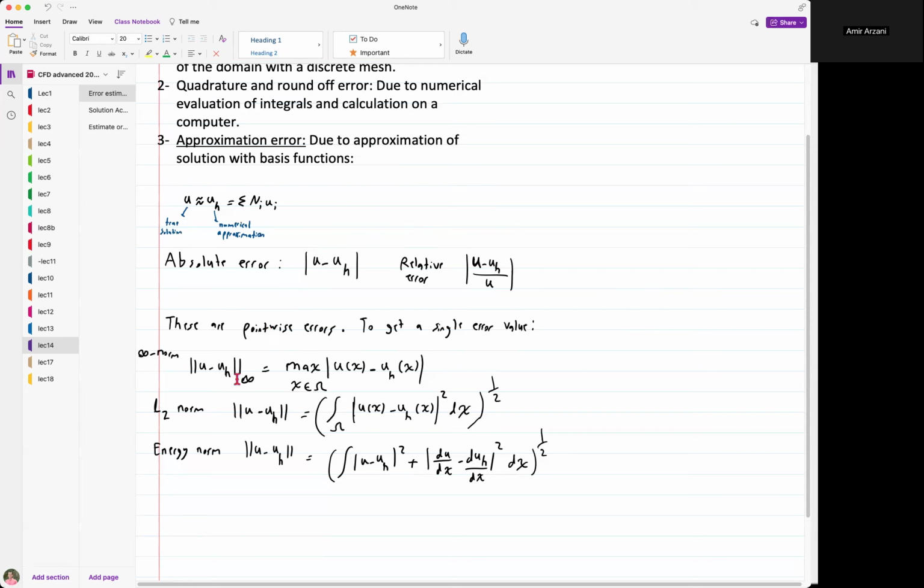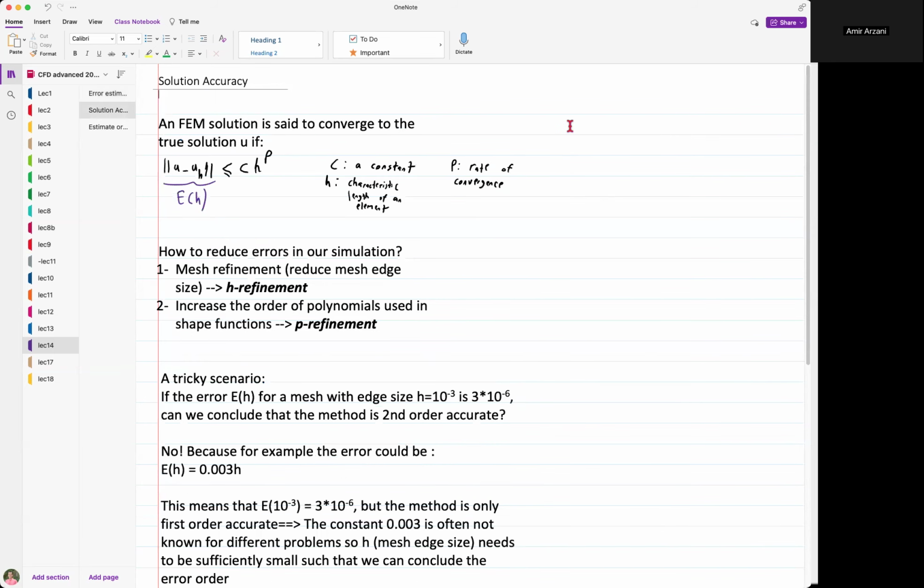For example, the infinity norm is the maximum value of these errors. We can do the L2 norm, or we can do an energy norm motivated by the Sobolev space that we talked about previously, where we calculate the error as a sum of the errors in the values as well as their gradients.